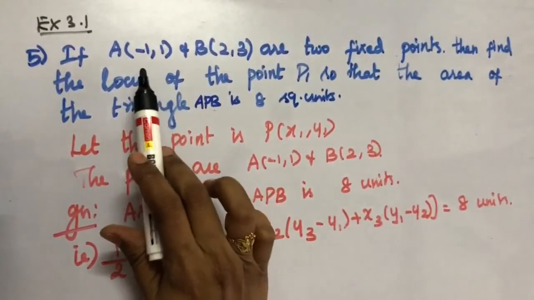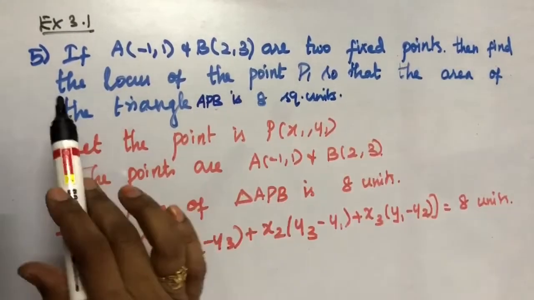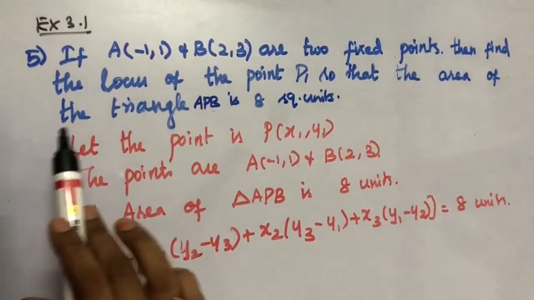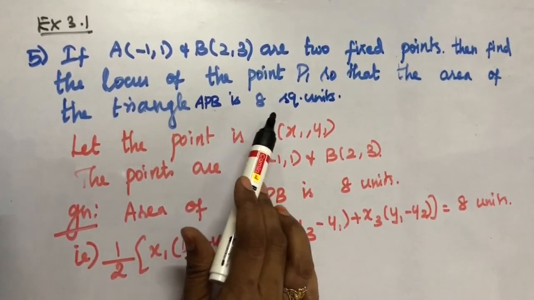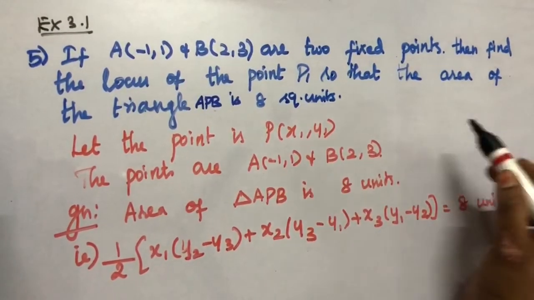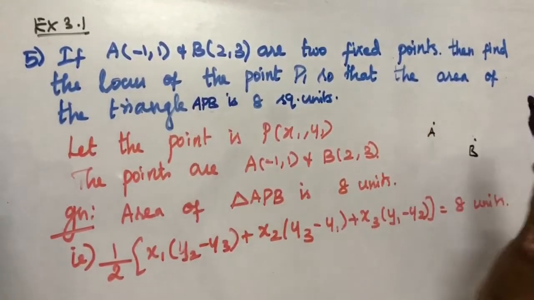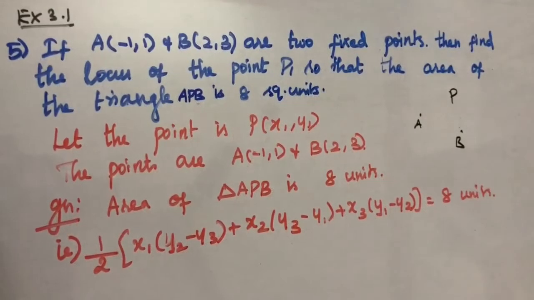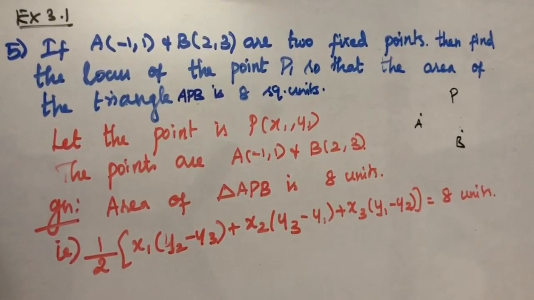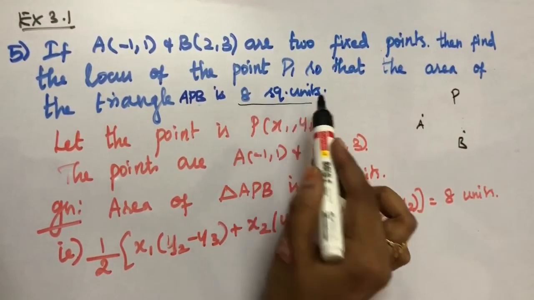If A (-1, 1) and B (2, 3) are two fixed points, then find the locus of the point P so that the area of the triangle APB is 8 square units. Two fixed points A and B are given. These 3 points P, A and B form a triangle, and the area of the triangle is 8 square units.